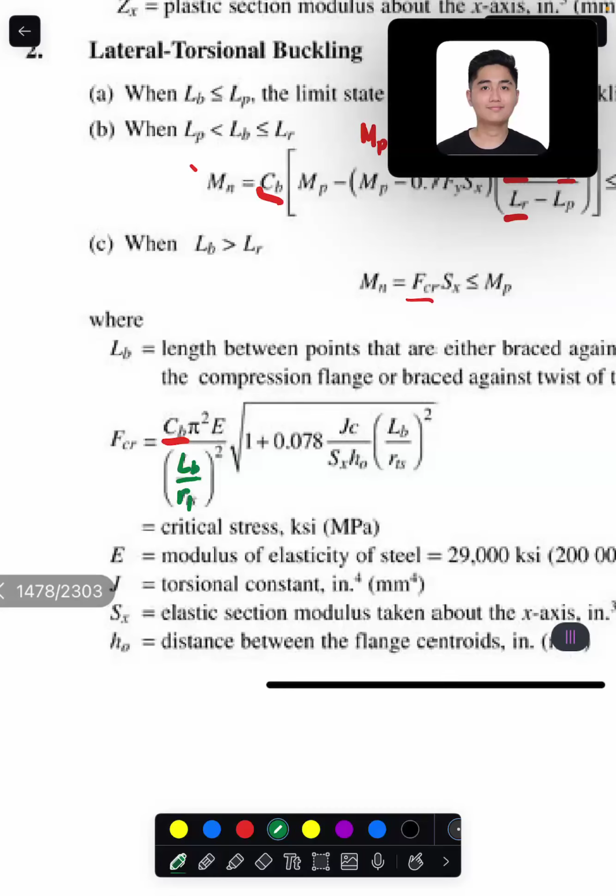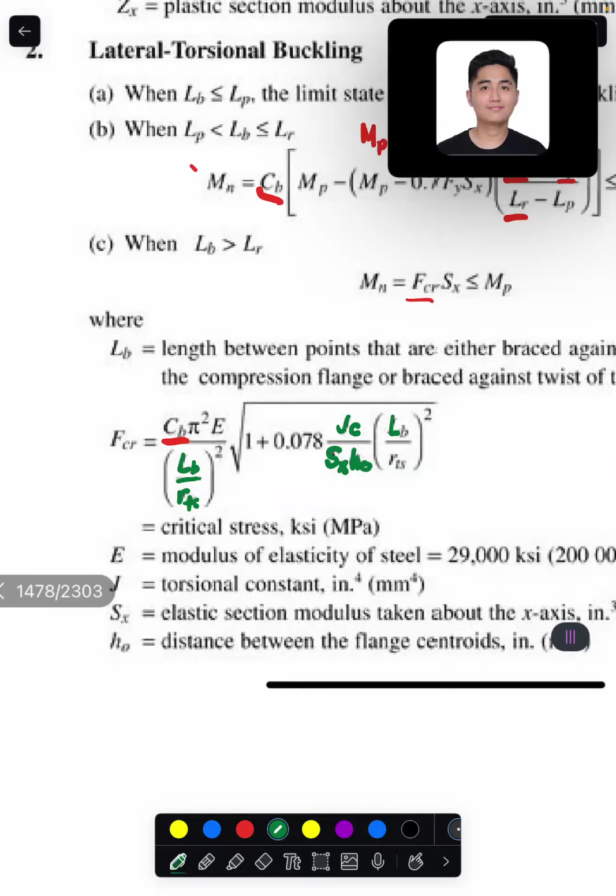Yung r sub ts makikita mo kay table 1-1. Si J makikita mo kay table 1-1. Si c, makikita mo kay table 1-1. Si S sub x, si section modulus, makikita mo kay table 1-1. Si h sub o, makikita mo rin kay table 1-1. But somehow, pwede mo rin actually siyang isolve on your own given yung layout ng cross-section mo.